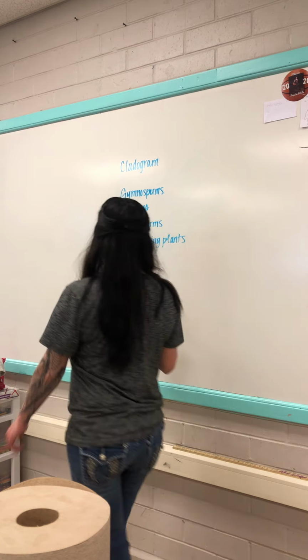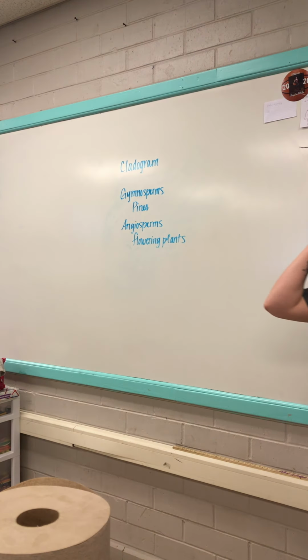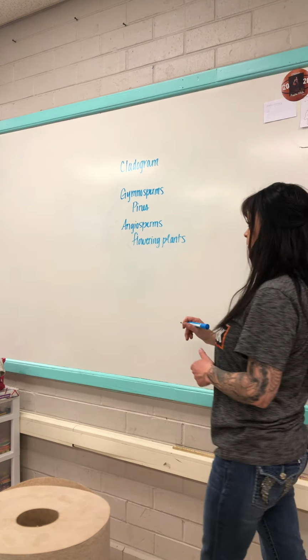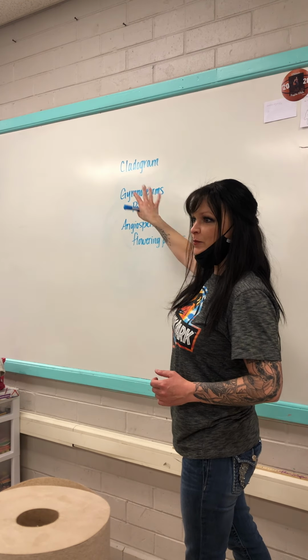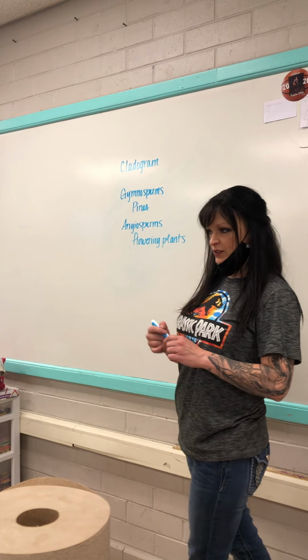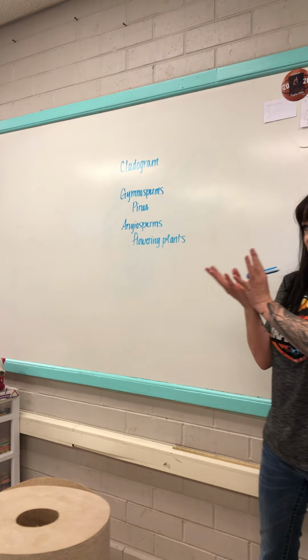So flowering plants, how do they reproduce? Spores? No. Okay. Ferns and mosses will have spores. Gymnosperms are like pines. How does a pine tree reproduce? It produces a pine cone, and inside the pine cone are seeds.